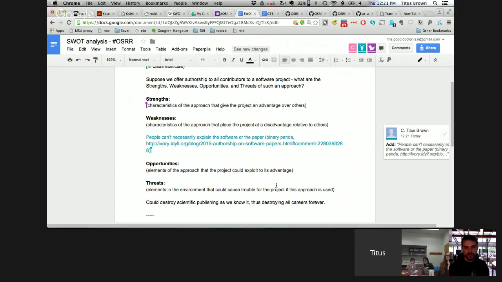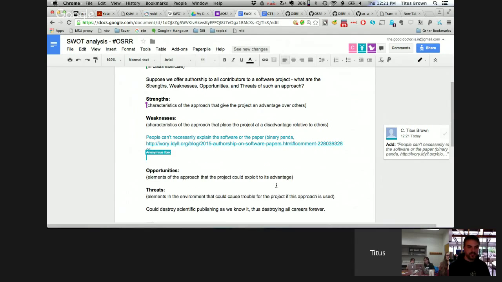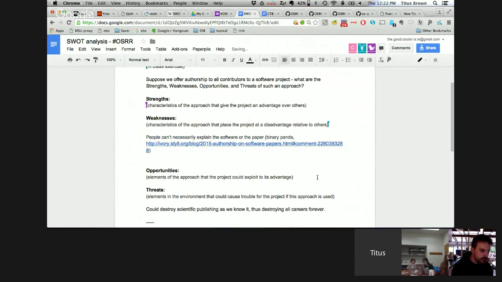If you look at the comment I just pasted, there's a comment by somebody named Binary Panda on the blog post, and Binary Panda says, a good rule for research papers is that all of the authors be able to stand up and give a short talk about what the main findings of the paper were.